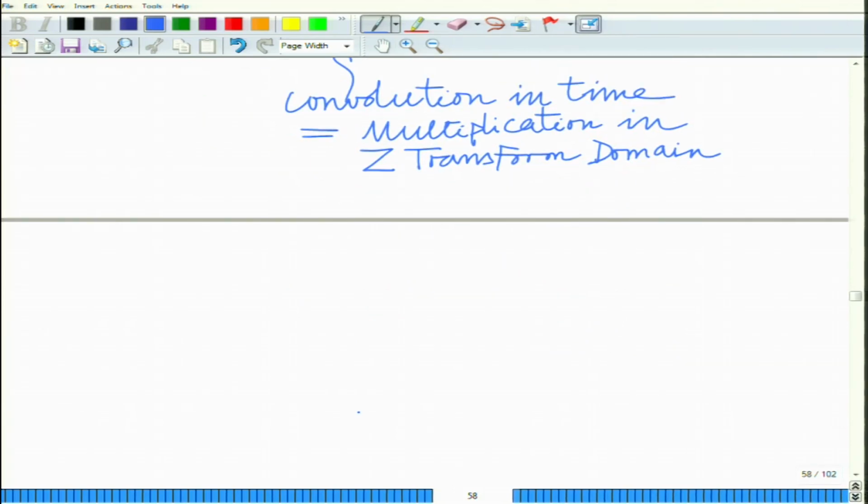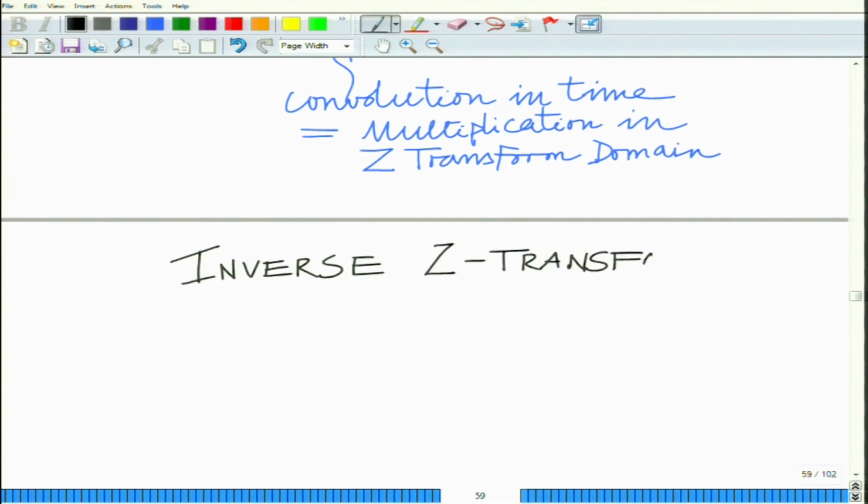Let us now look at techniques to evaluate the inverse Z transform, and similar to the inverse Laplace transform, one can consider one of the simplest techniques, that is partial fraction expansion.